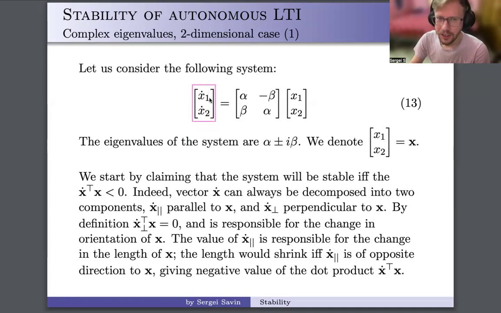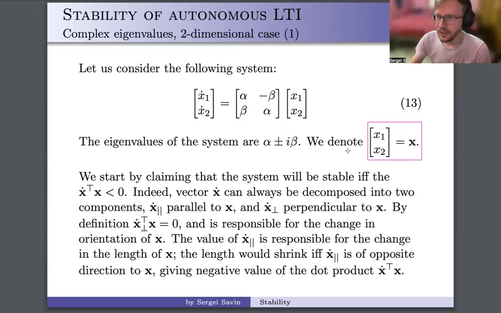Here is the system: x1 dot, x2 dot equals this matrix, alpha, minus beta, beta, alpha, times x1, x2. So this system has eigenvalues alpha plus or minus i beta. For notational purposes, we denote x1, x2 as x bold.